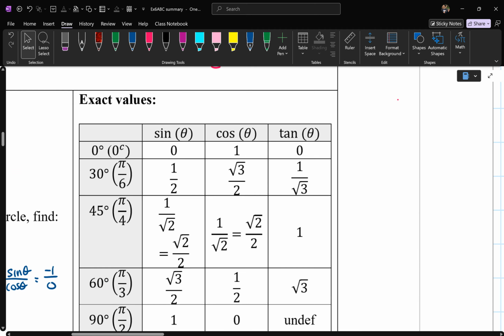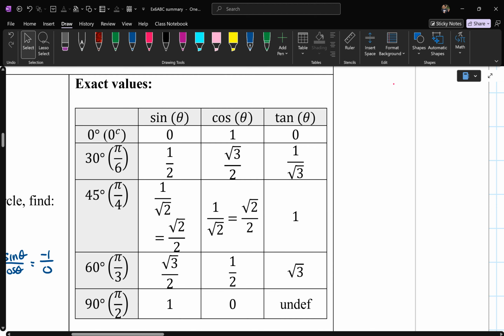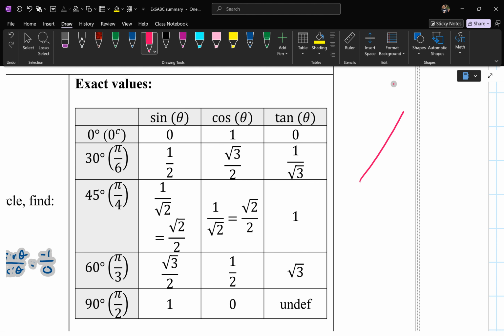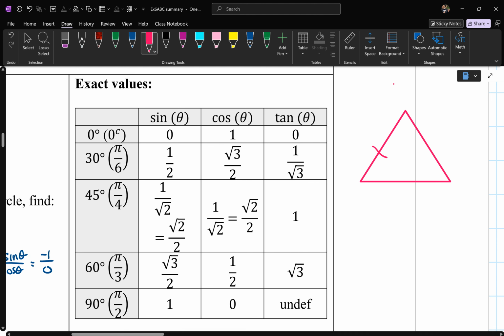Can I get a show of hands who have memorized the exact values table? You must know this, like your times tables. Now, there are two ways to do it. On the next page, I show you my way that I've taught to other students. But the other way that you might have seen already is your equilateral triangle and then your isosceles triangle.